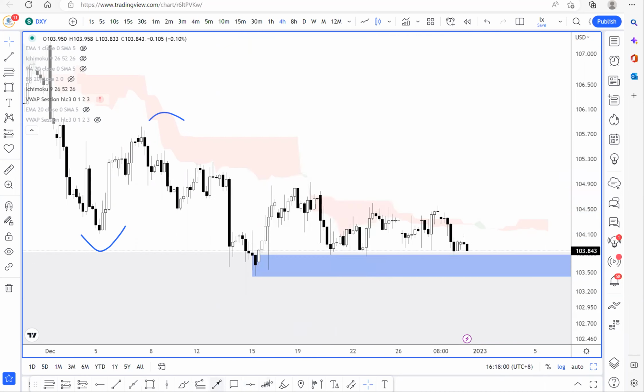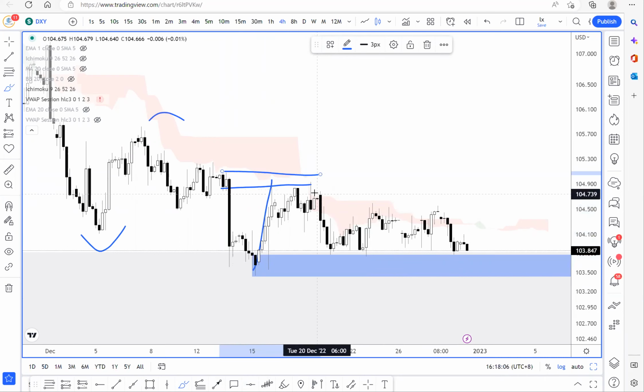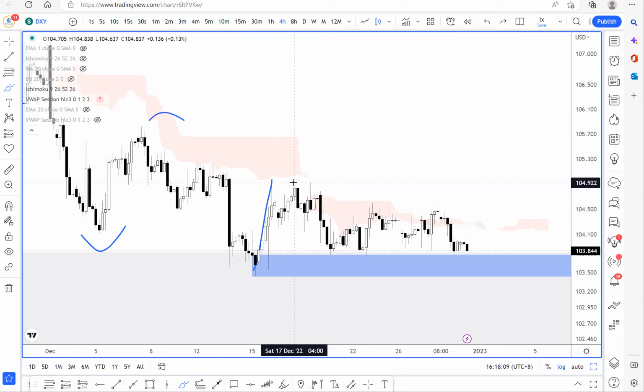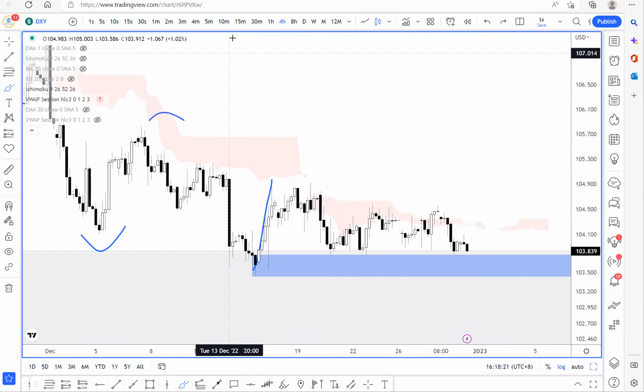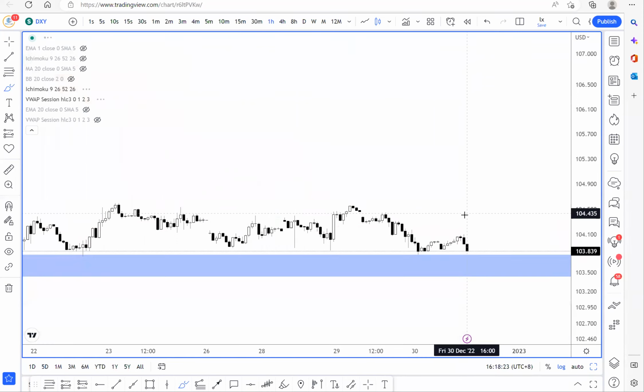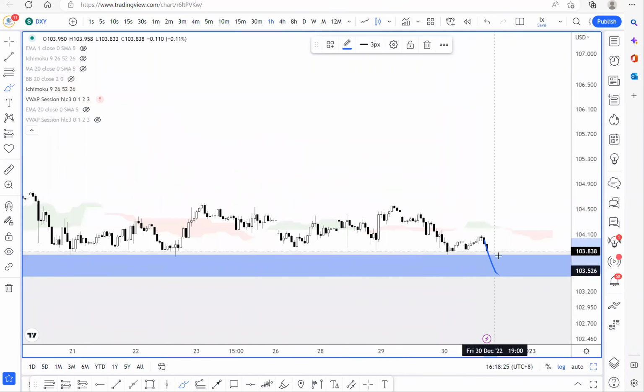This push up drove prices into a supply area over here, a supply region or resistance zone. Price pushed lower, and we saw the first test of the demand area in this region, and then again over here as well. So when price taps into this area, what we can do is go down to the smaller time frame, let's say the 1 hour, and wait for a change in structure to signal more upside.